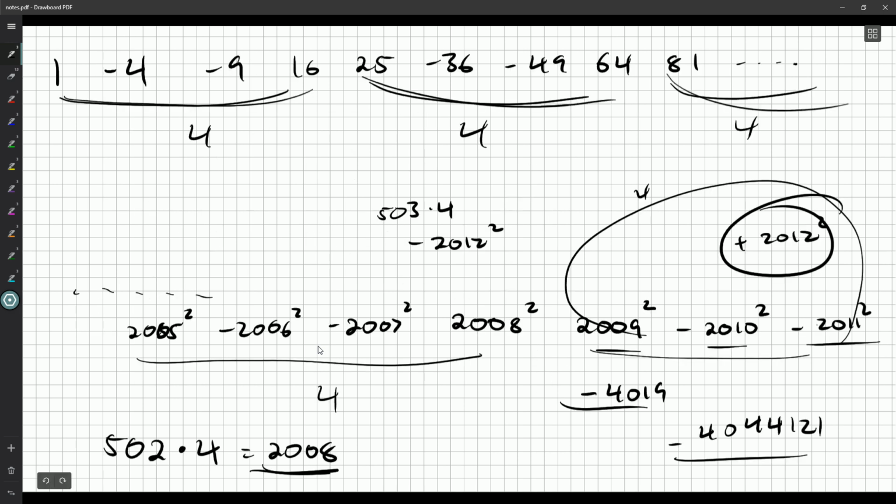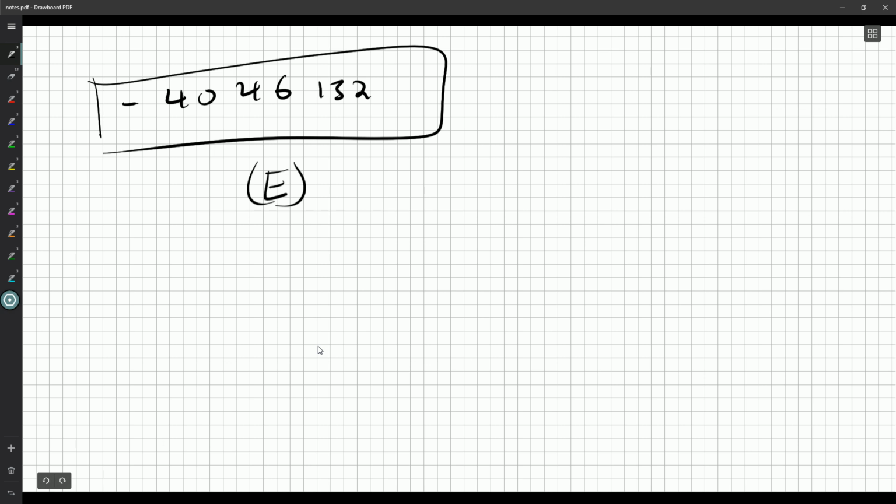Just realize this is too big a task, so there's got to be some trick. Let's look at smaller cases. Let's not try and do the first 2011 terms. Let's try and do the first 11 terms, that sort of a thing, and see what we can see there. So E is going to be our answer, and that's a nice way to close off the contest.